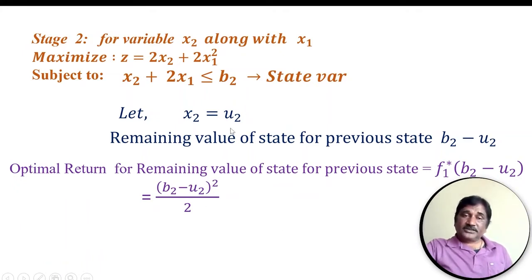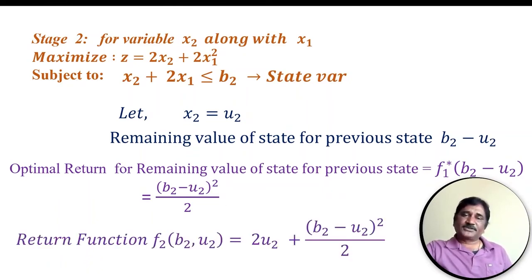This is the optimal return for the remaining value of state from the previous stage. Now, what is the return for this stage? For this stage I have taken x2 equal to u2. So in the objective function I will be substituting u2 in place of x2. So 2u2 will be the first component, and the second component will be the optimal return from the previous stage for the remaining value of state.